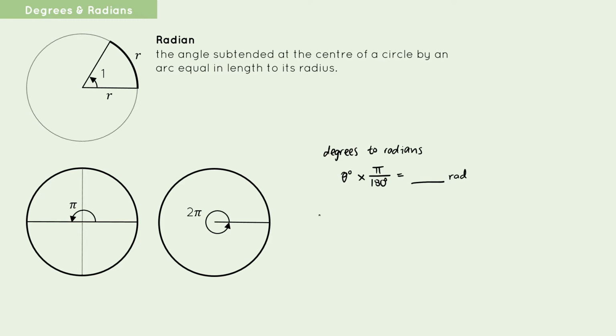If you want to convert from radians to degrees, then take the angle in radians times 180 degrees divided by pi radians. That will give you your answer in degrees. It might take a bit of time for you to get used to, but actually it's just a matter of proportion.